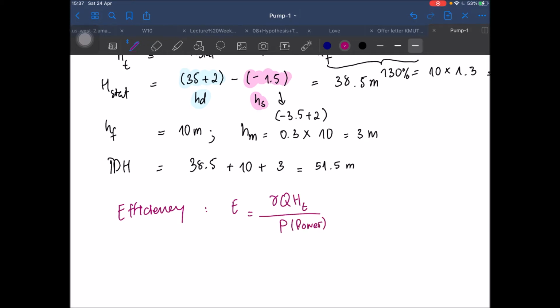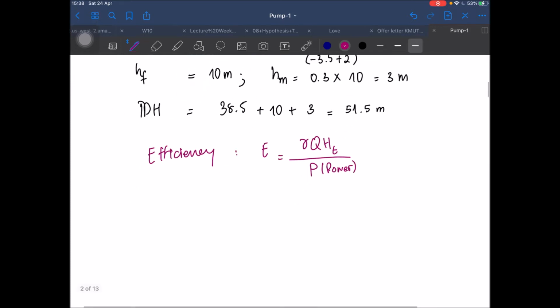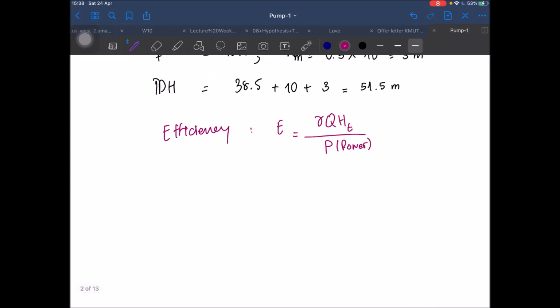I repeat, power, not pressure, because sometimes you use pressure, sometimes you use other quantities in water, but this time it's power because we're talking about the pump, right? So how much power should we use to generate this kind of pump?